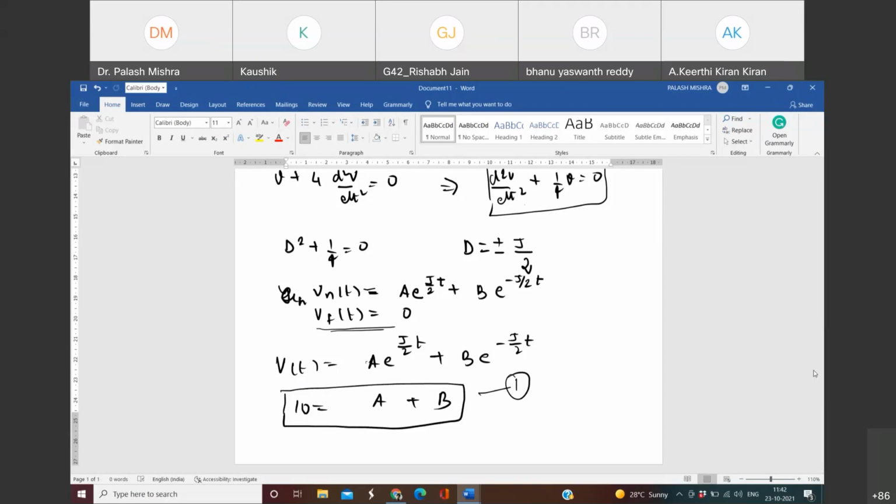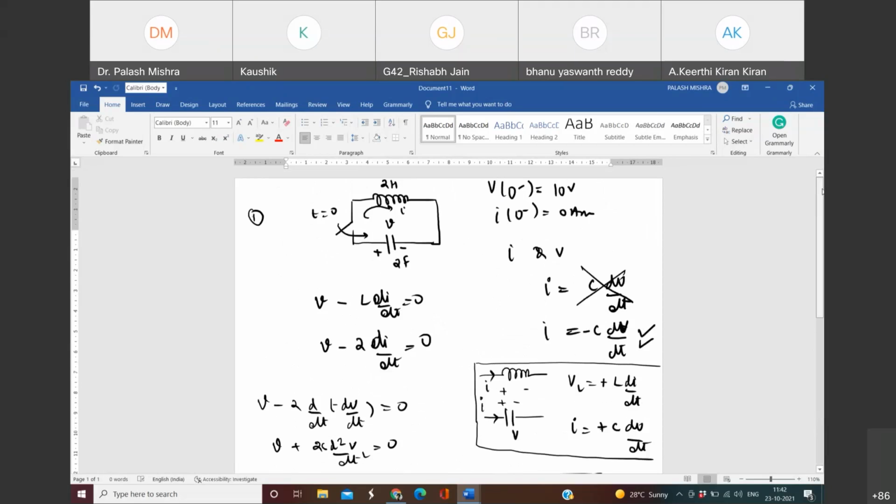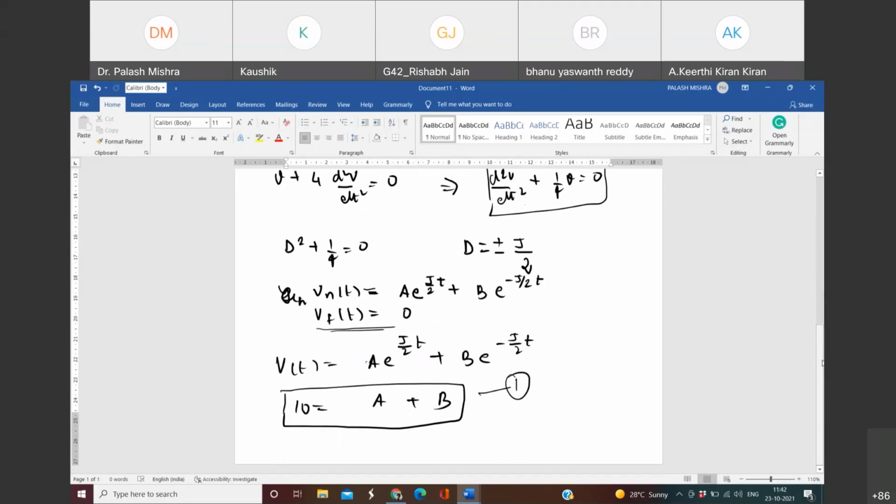Similarly, I(0) they have given as 0. So I equals minus C dV/dt as per this figure. Now if you put this, minus C, given as 2 farads, times dV/dt, and solve it with the initial conditions, your answer will come out.